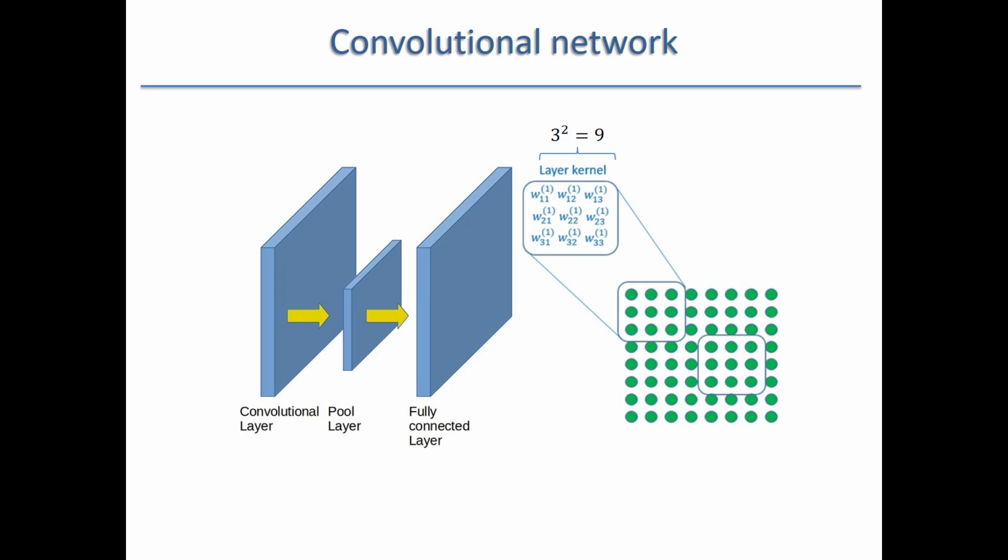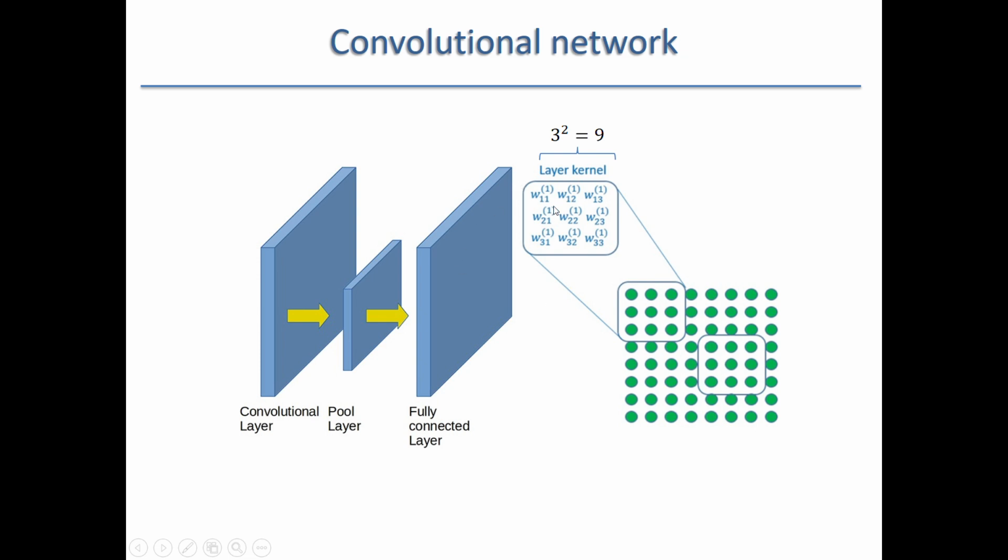So for instance, let's say that we define a kernel layer. This kernel will be the weights that all pixels will use in the same way. So the input pixels will use this 9, that is 3 times 3, kernel. And this pixel here is using exactly the same weights.